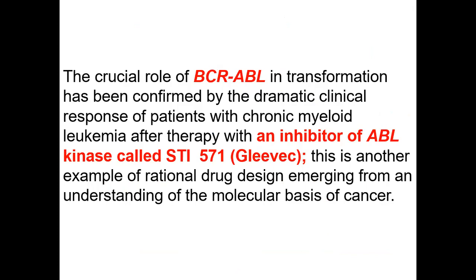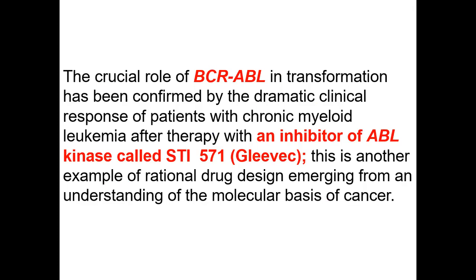The crucial role of BCR-ABL in transformation has been confirmed by the dramatic clinical response of patients with chronic myeloid leukemia to therapy with an inhibitor of ABL kinase. There is a specific drug that works on the ABL kinase as an inhibitor, called STI571 or Gleevec. This is an example of drugs that work on the molecular basis of cancer.